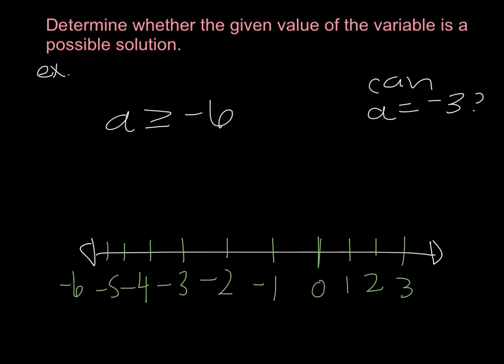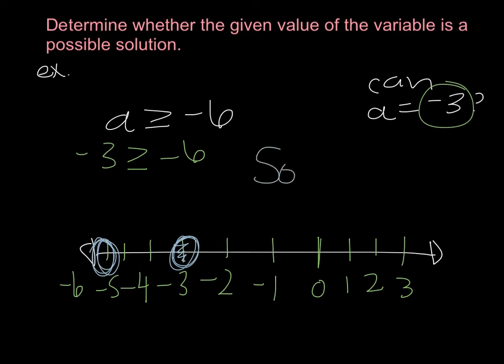So if I substitute in -3 is greater than or equal to -6, I'm looking for the number, the smallest number is going to be to the left. And -6 is all the way to the left. And -3 is greater because it is to the right. So when it says -3 is greater than -6, this is true. This is a solution.